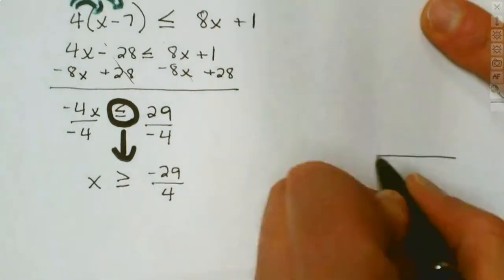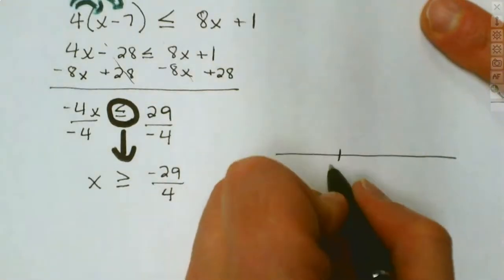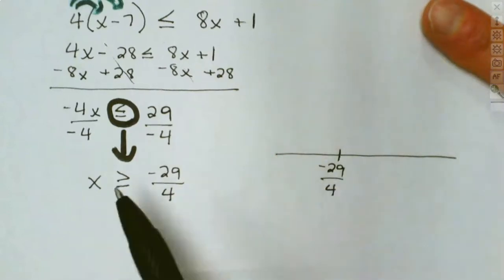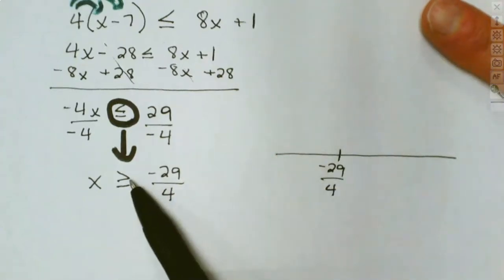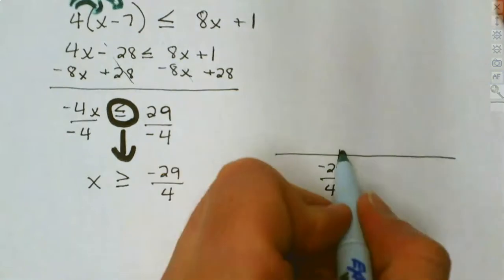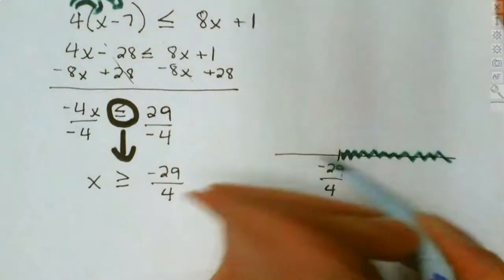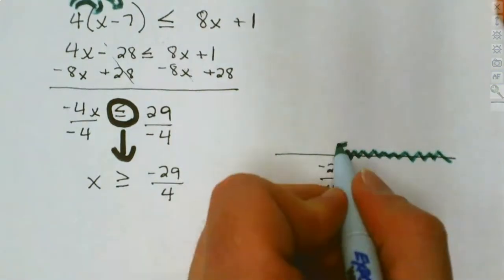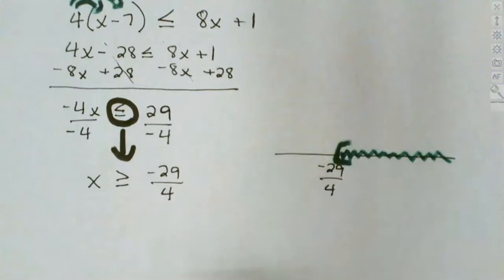Here's our number line. We've got minus 29 over 4. Which way does it point now? It points to the right, so we're going to shade to the right. Okay, it is x is greater than or equal to, so that means we need a square bracket here.